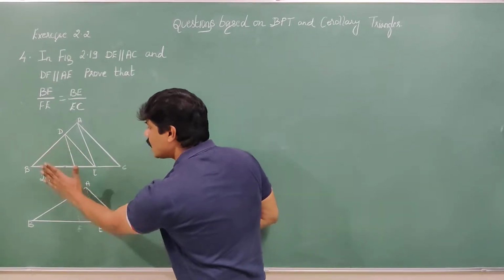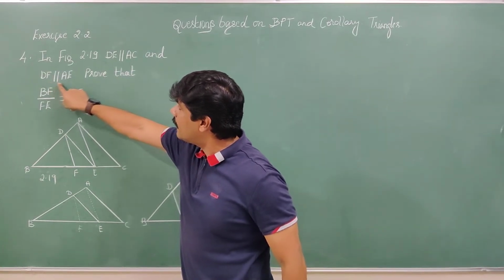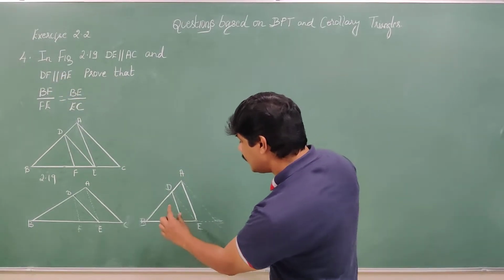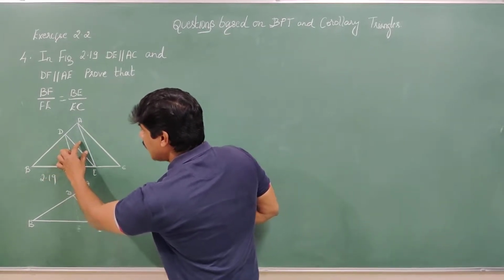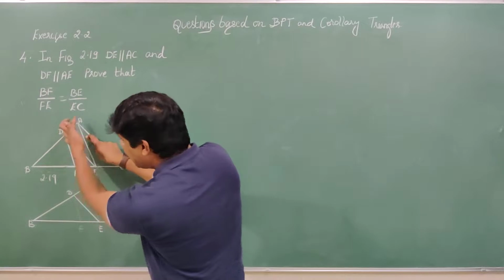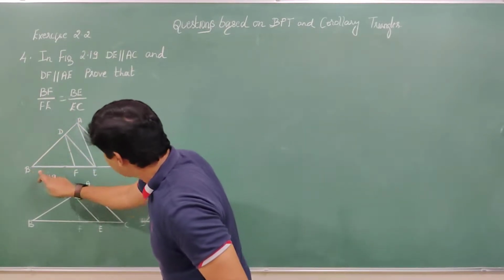From this figure 2.19, one more condition is there: DF is parallel to AE. This DF parallel to AE comes in triangle ABE.